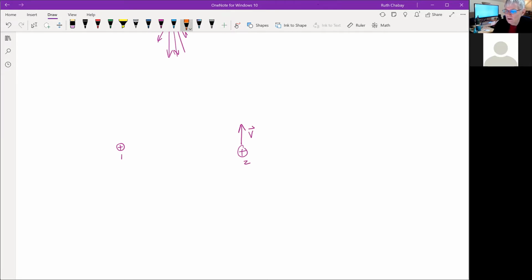So let's pick some time. Let me redraw this slightly. Okay, so that's 1. We want to know at this instant what each particle feels. The field at location 2 due to 1, which we'll call E1, is that way, so the force on this guy is going to be that way.